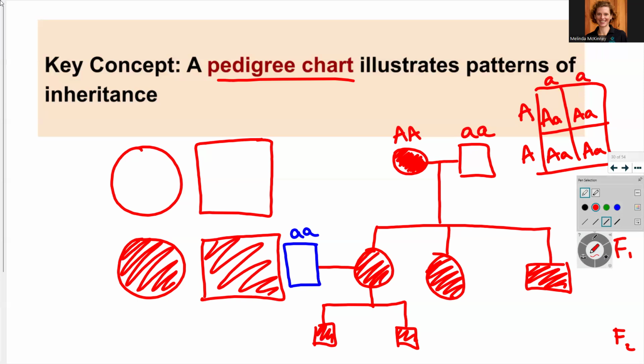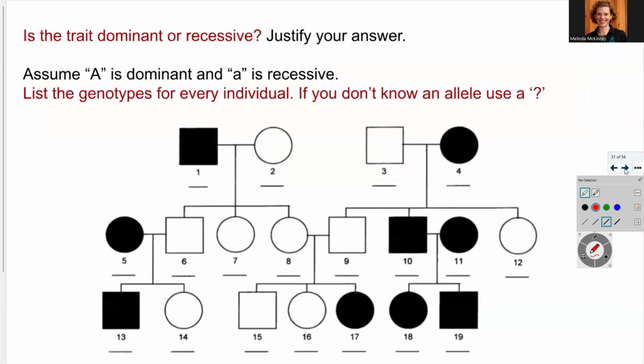All right. So you can then solve problems with pedigree by working backwards sometimes. The easiest way, if it's a pure dominant or recessive trait, so we're talking about pure Mendelian genetics, where we're not talking about incomplete dominance or codominance, anything like that.